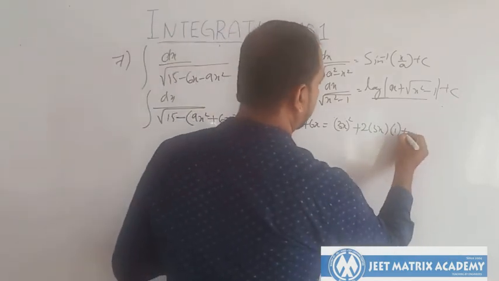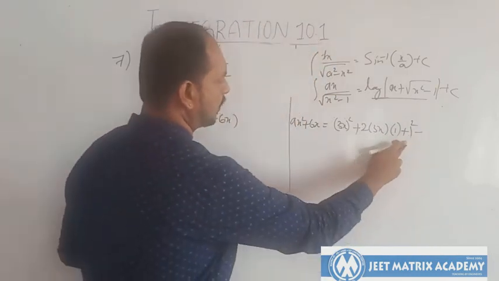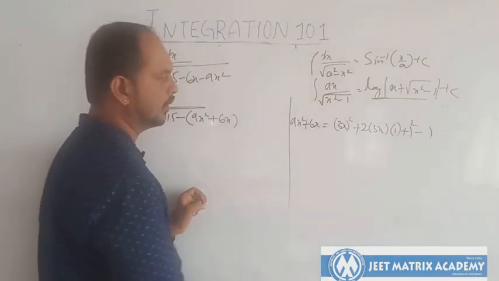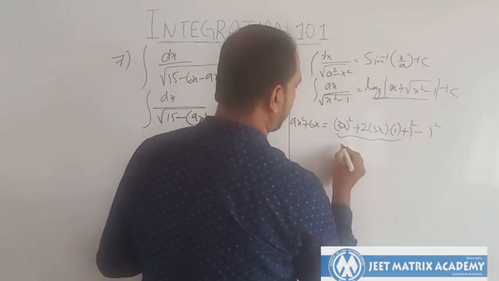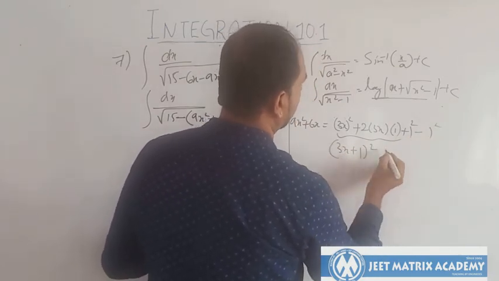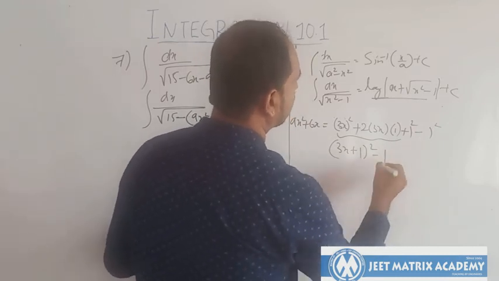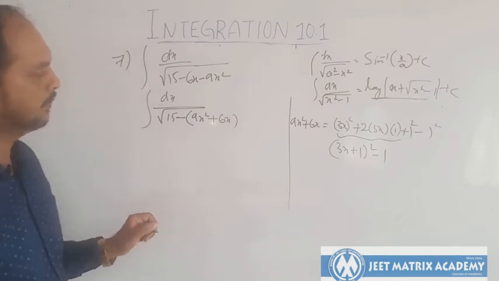So extra I'll add 1 square. So I added 1 square, I subtract 1. So now the first part, what happens? 3x plus 1 whole square, minus 1. Is it clear?